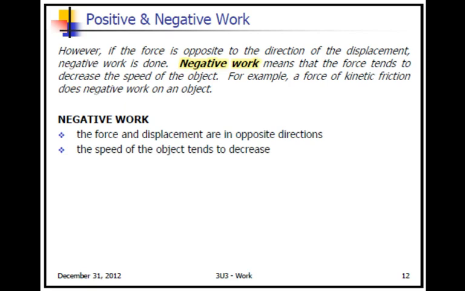So that distance it travels as it slows to a stop, you can consider it as a negative displacement and the force being positive, so we would have negative work. Or you can consider it as being a positive displacement and the force being negative because the force opposes the motion. So that's a situation where we have negative work. It happens whenever we have a force trying to slow down an object.